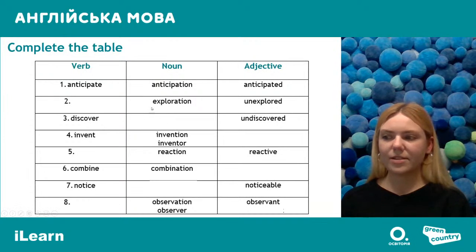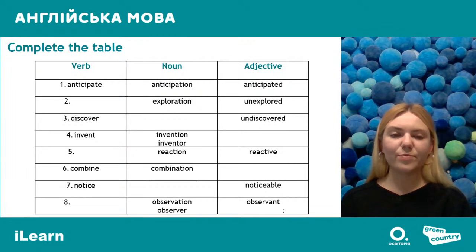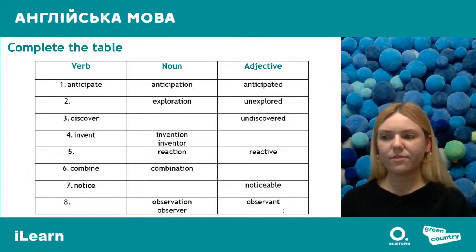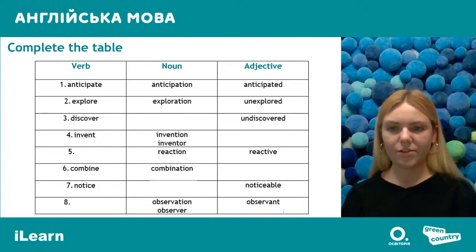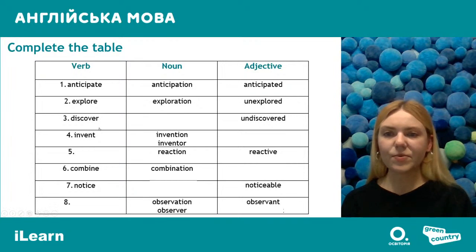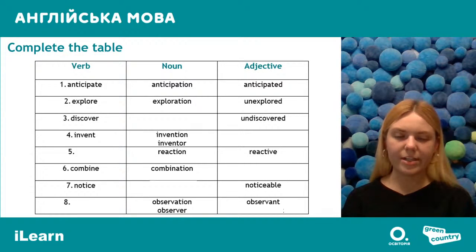Good. Let's go on. So number 2 is really, really easy. Exploration. That is a noun, дослідження. Unexplored or explored. That is an adjective. And the verb, that is very easy. That is explore. Досліджувати. The next one is discover. So we need a noun and we have an adjective undiscovered, or it can be discovered.